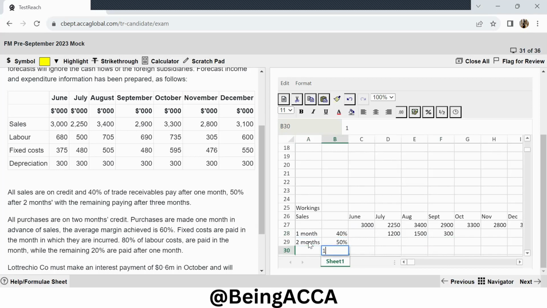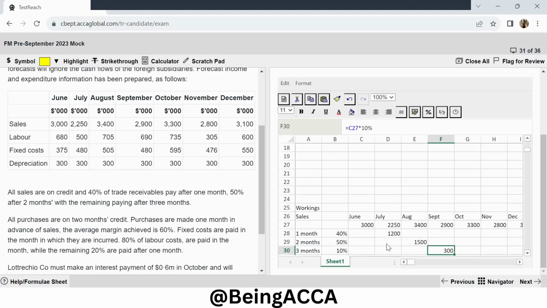And then we have remaining 10%, and let's type this to be 3 months. So we can just cut our workings from here and paste them over here, and again similarly cutting this and pasting this over here. So this is for 3 months that we'll be getting. Now let's do this for the remaining months as well.